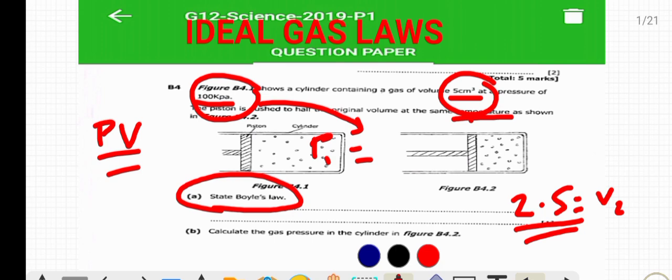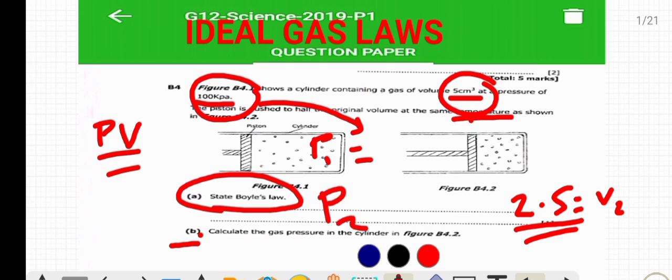What we are asked to calculate in part B is the gas pressure in the cylinder in this figure. So calculate P2.